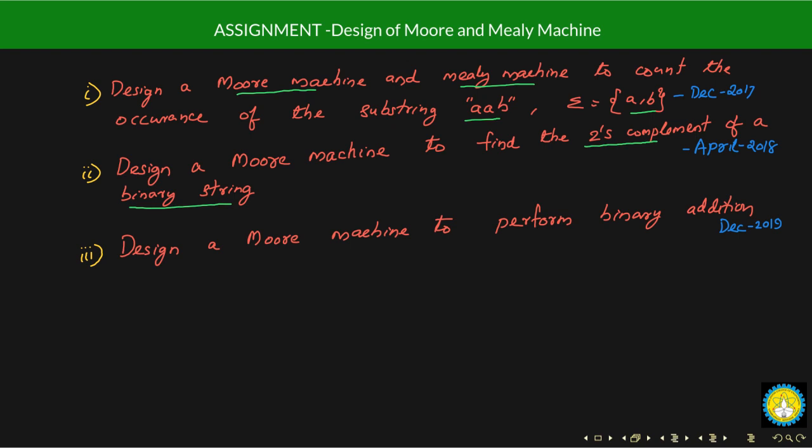Similarly, you can design a Moore machine to perform binary addition. Here you're asked to design a Moore machine. We have already designed the Mealy machine for the same question, so applying the same principles and methods, you can try to design the Moore machine for finding the 2's complement, as well as a binary adder using a Moore machine.